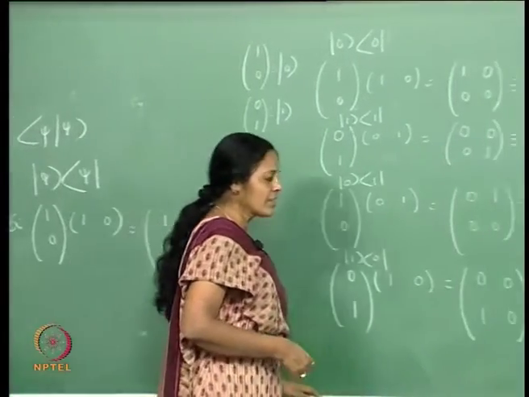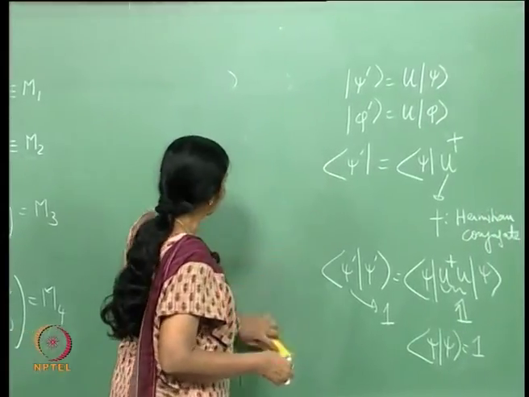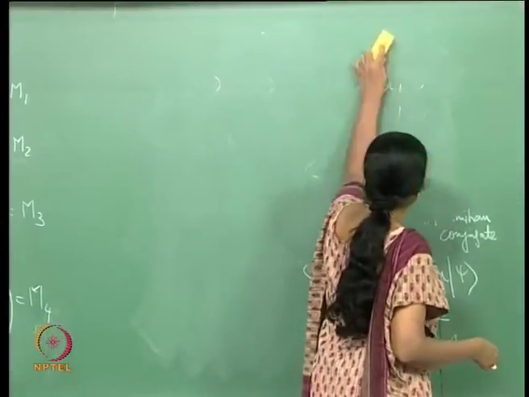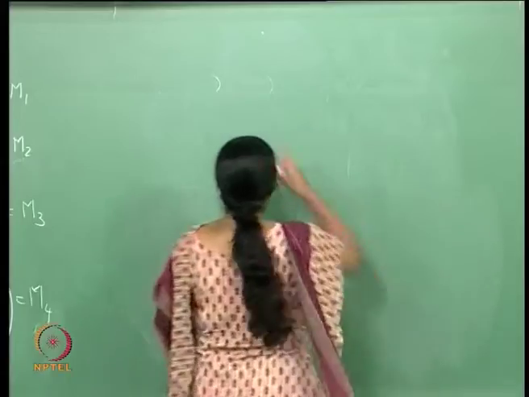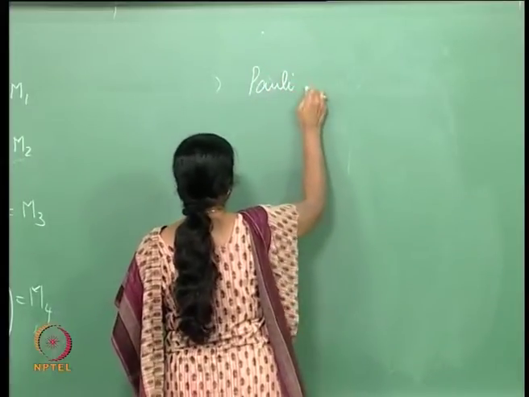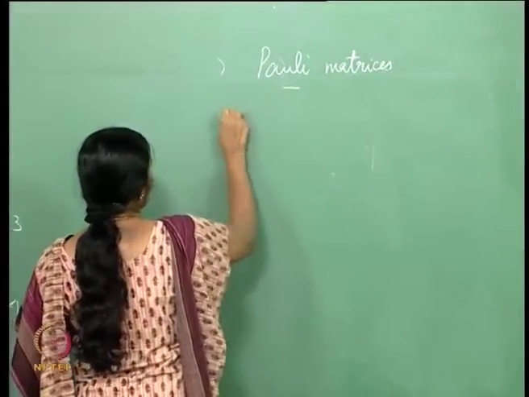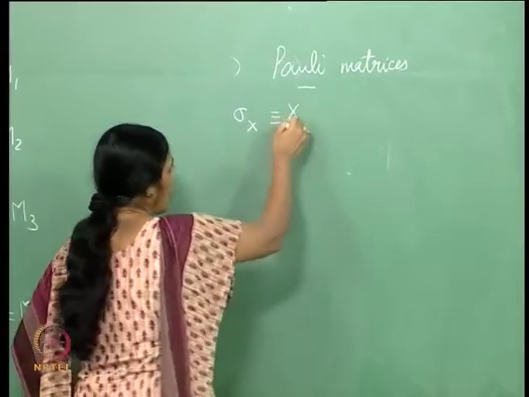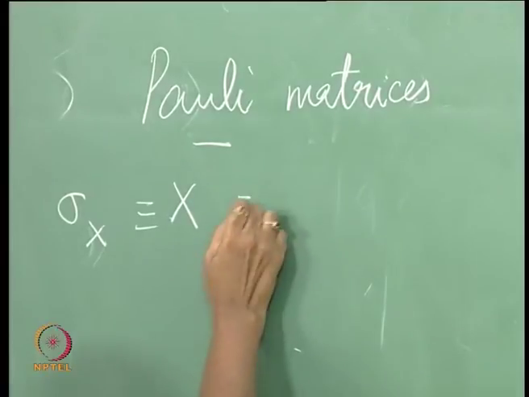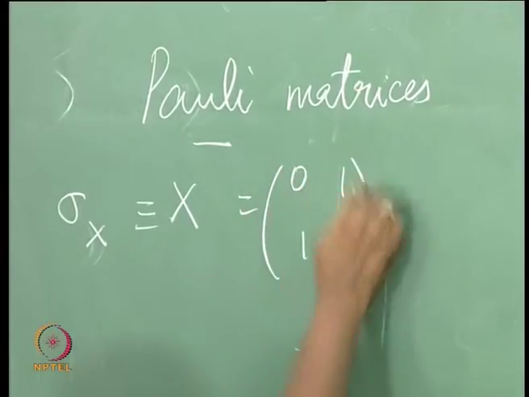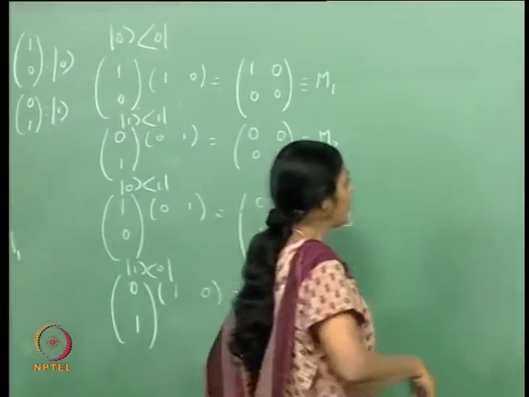Given these matrices, I can form a very interesting and very important set of matrices, which I will call the Pauli matrices. They are called the Pauli matrices. Sigma x, sometimes also called X, particularly in the language of quantum information and computation, is 0 1 1 0. How do I get it from these? It's M3 plus M4.